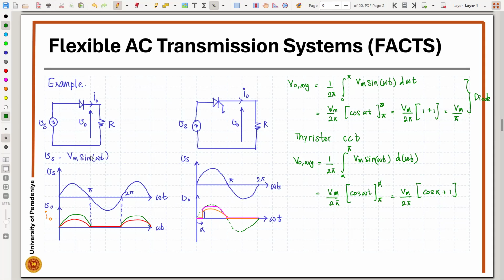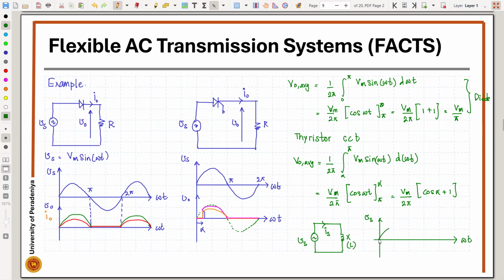But we have to remember, let's consider a circuit like this. We consider the reactance X, inductance L. So for this one, what we are going to see is Vs versus omega t.